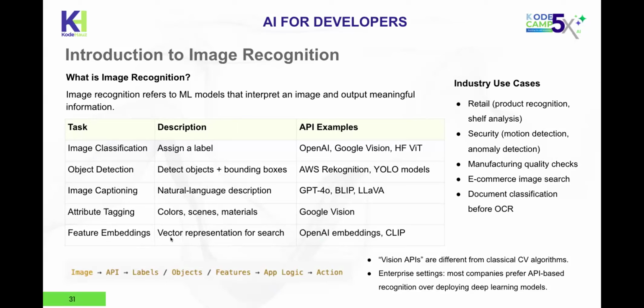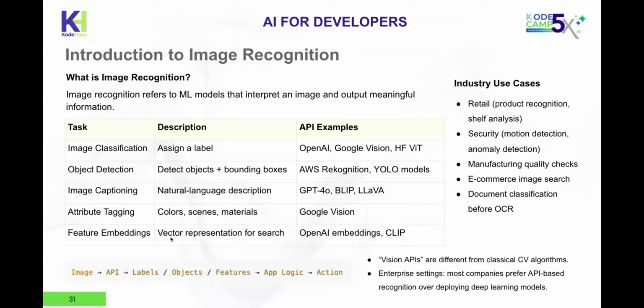So in the same way, images can also have embeddings, which represent the internal meaning or internal representation or idea that a neural network or any other machine learning model has for those pictures. So you can have a vector representation of those images for the purpose of searching.